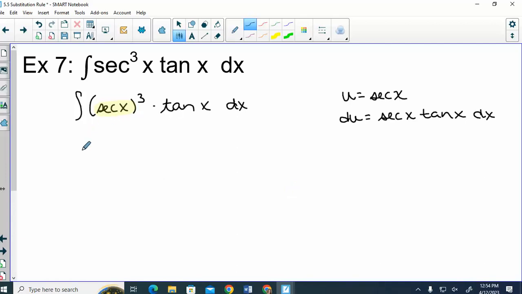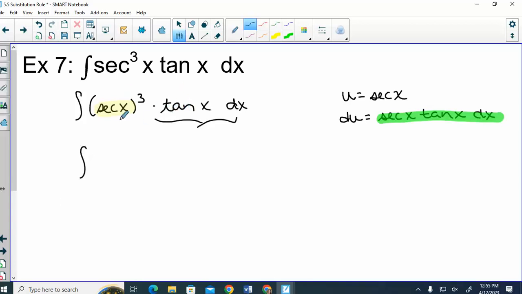I'm just wanting to write this without the secants and tangents. Okay. We need secant x tangent x dx for my du, right? Okay, right now I have a tangent x and a dx together. So I would have to pull one of these secants over with that.